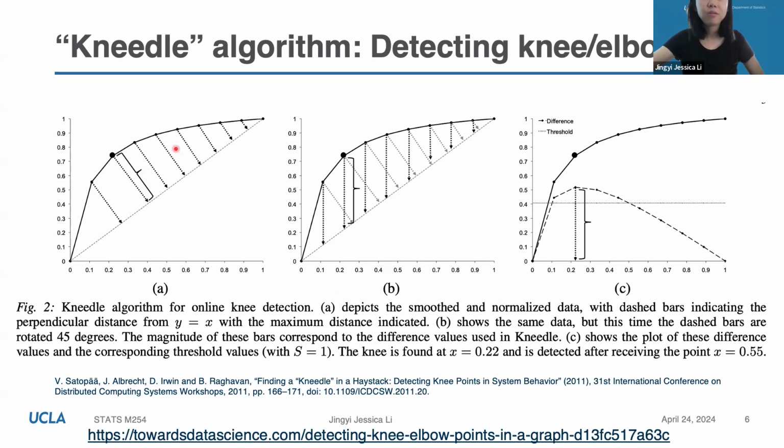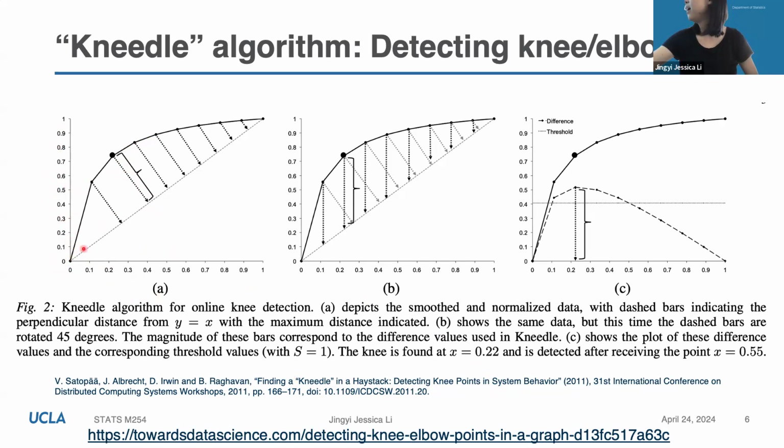This needle algorithm also has an interesting name in the title, "Finding a needle in the haystack: detecting knee points in system behavior." Suppose you have these measured dots and you want to find a knee. The idea is that you first normalize your y-axis and your x-axis so they both become 0 to 1.